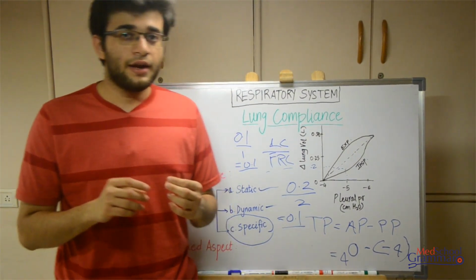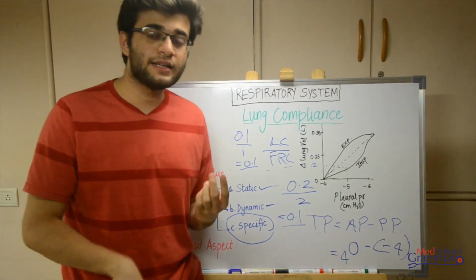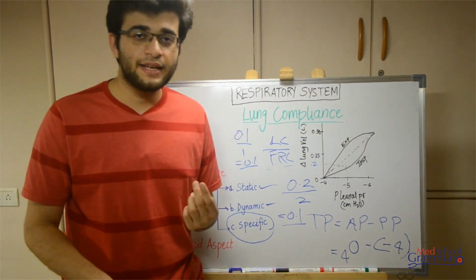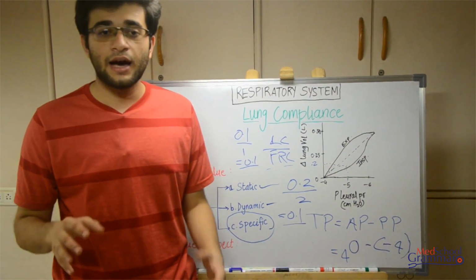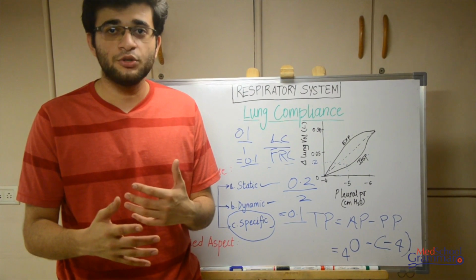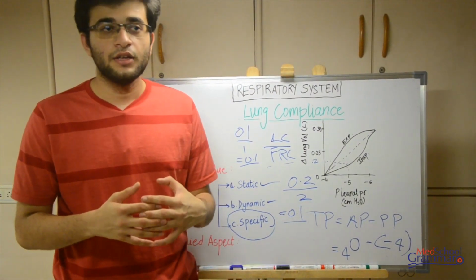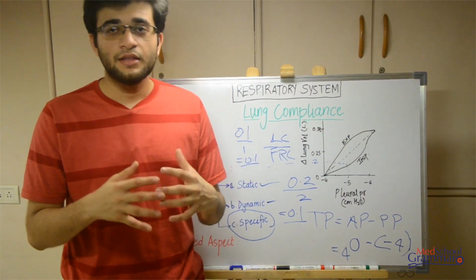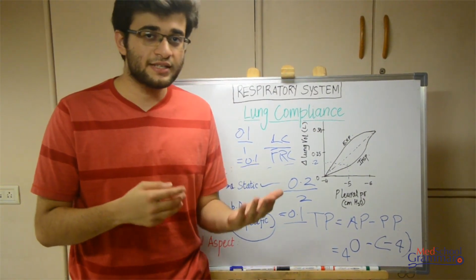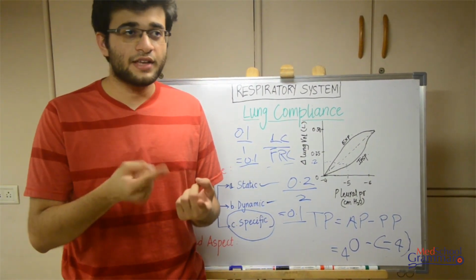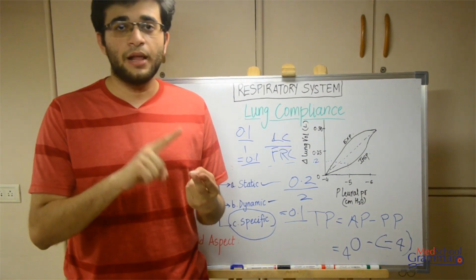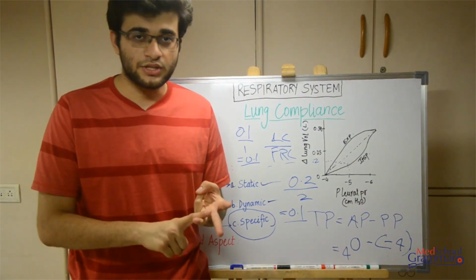Okay, and in which conditions does lung compliance decrease? What do you mean by decrease in lung compliance? It means the lung is not as distensible as it used to be. It's difficult to inflate the lungs. Okay, so the conditions in which this occurs are disorders such as consolidation of lungs, pulmonary edema, lung fibrosis.